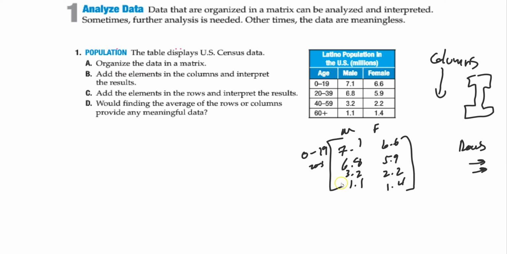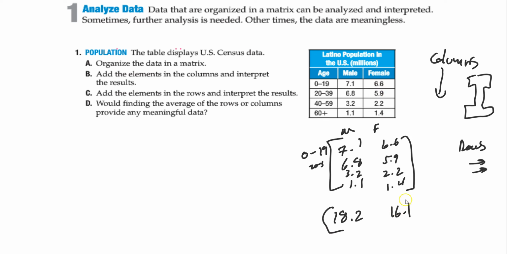So if I add them all up, 7.1 plus 6.8 plus 3.2 plus 1.1, that is going to be 18.2. Add up all these and I get 16.1, I believe.